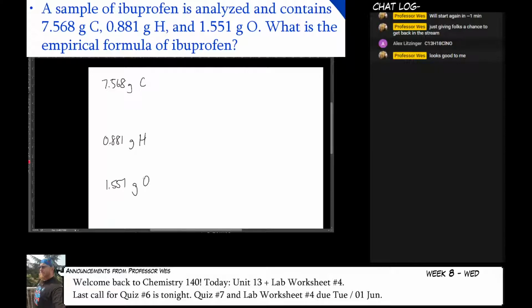Let me make sure I wrote those down correctly this time. Yeah, that looks good. All right, so we turn it into moles. And this is 0.6301.